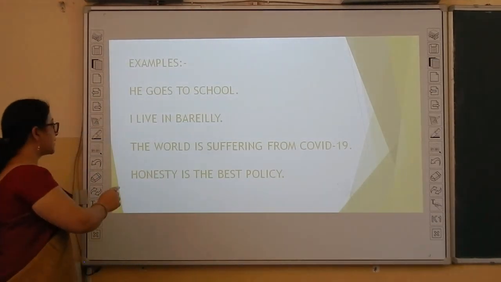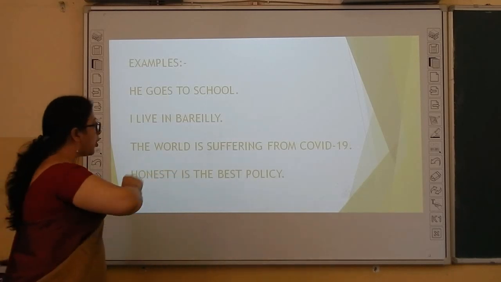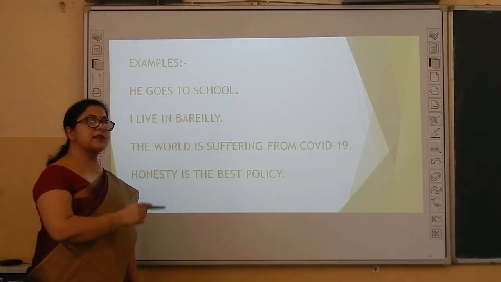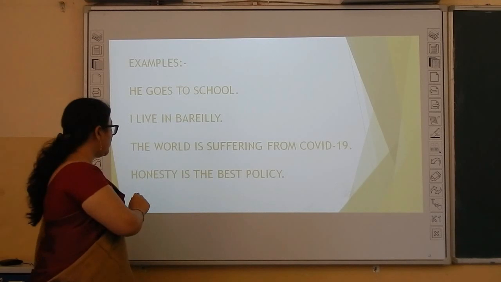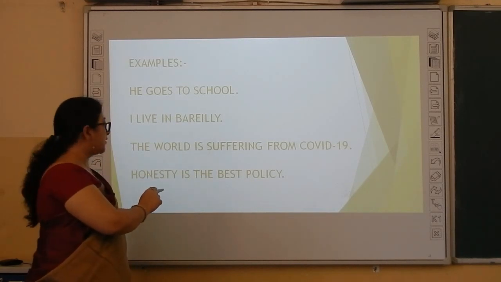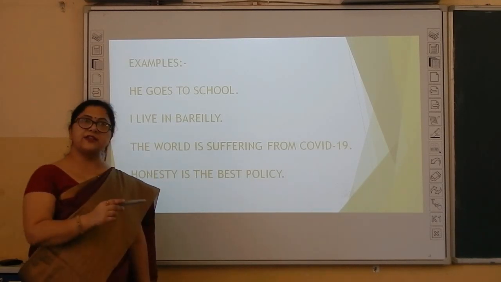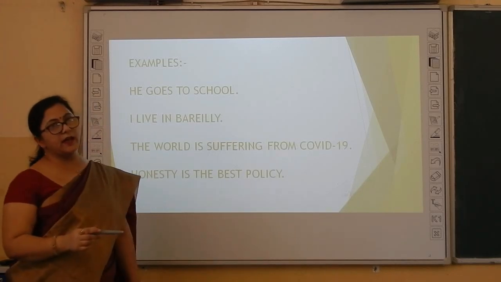The fourth sentence is honesty is the best policy. In this sentence, honesty is a noun, is a verb, the best is an adjective, and policy is again a noun.